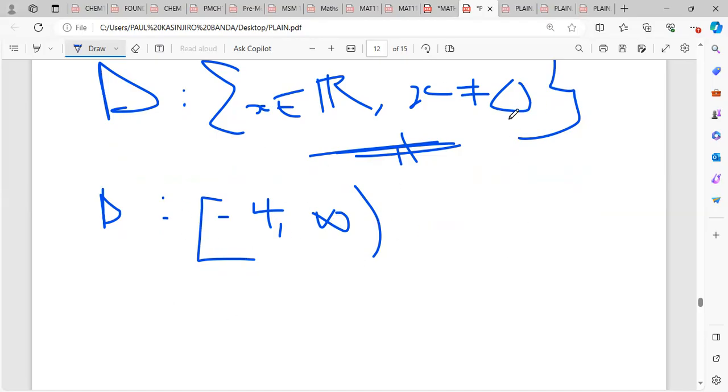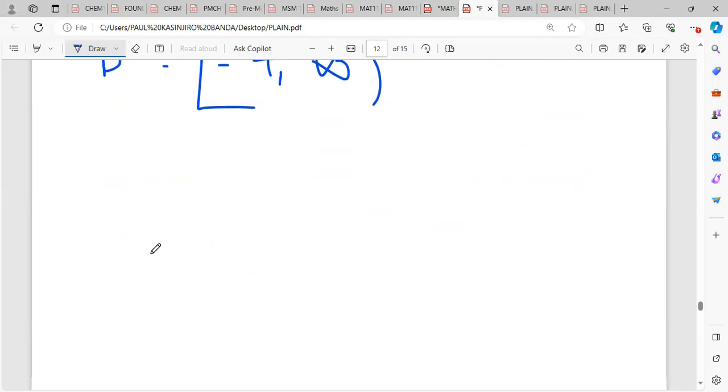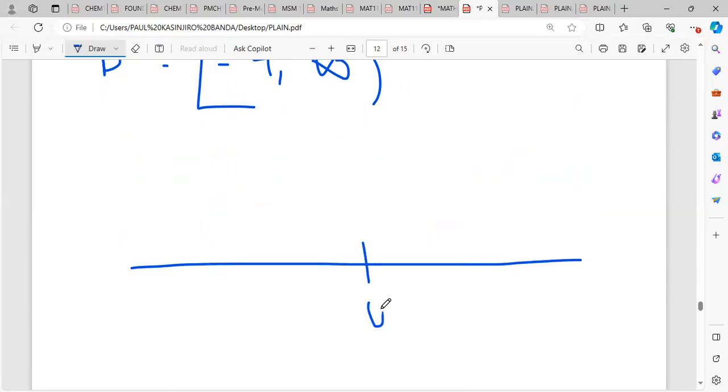So for the domain of the composite function, we can write it on the number line like this. I can have my 0, and then here I have positive infinity, and there I have my minus infinity.